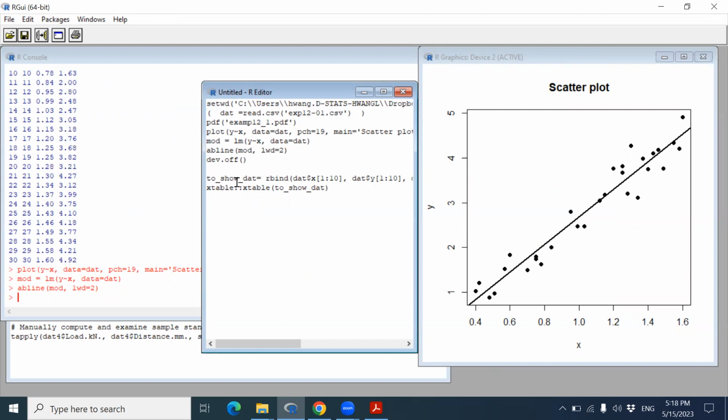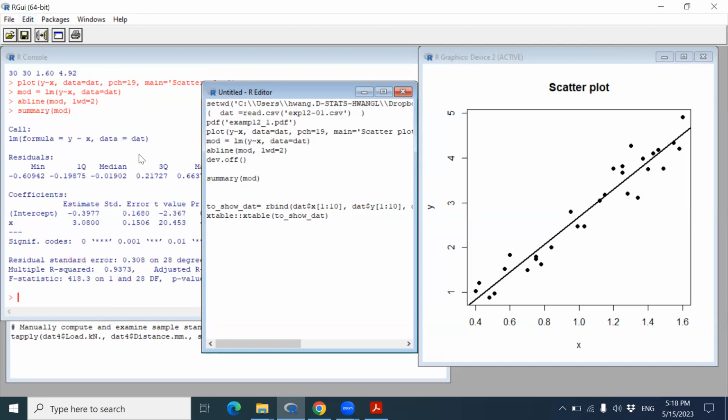Once we have that, the next thing to do is to check the coefficients. For this example, we would like to use the summary command to give us the coefficient table.